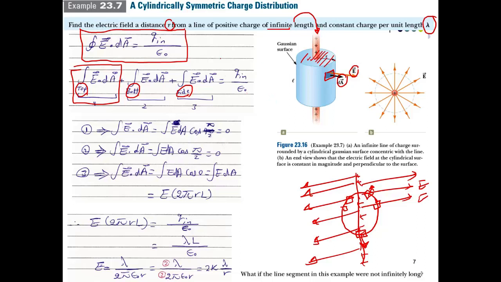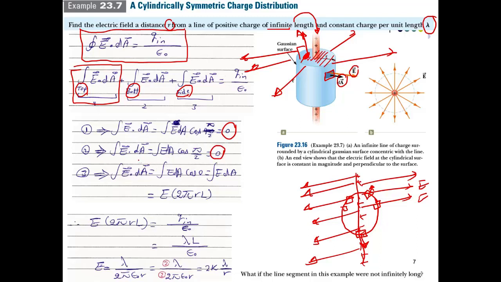No. There is no flux going through the top and the bottom because the electric field is simply going in this direction. But A for that surface goes like this. The angle is equal to 90, so no flux through the top part, no flux through the bottom one.